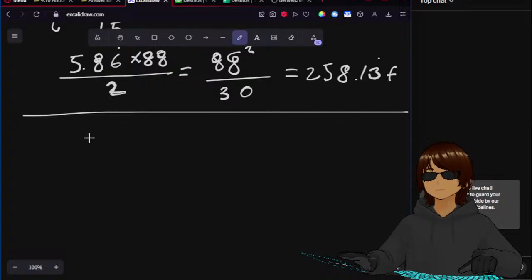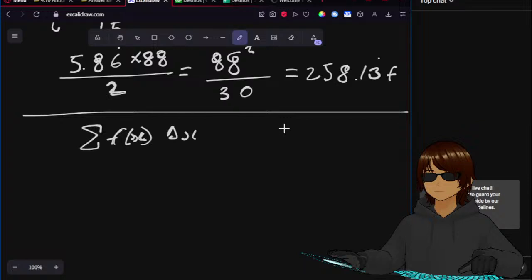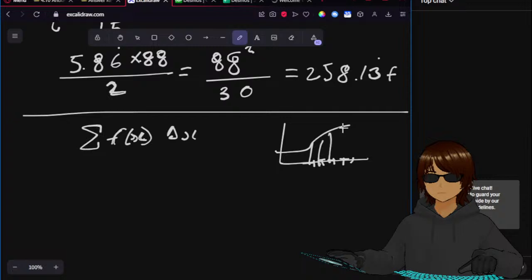So for summing discrete values, we do something like this. So intervals of x. Here we are summing discrete areas.